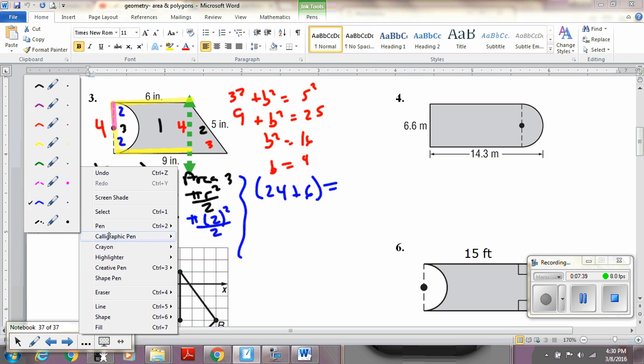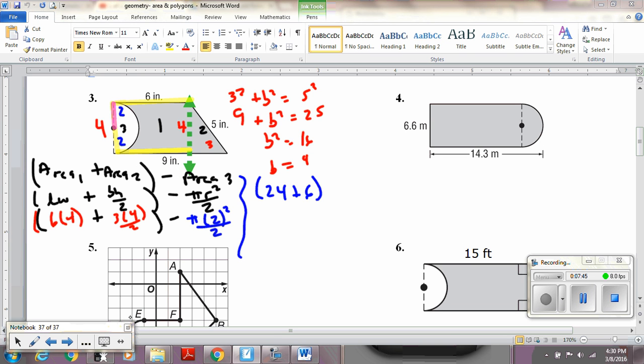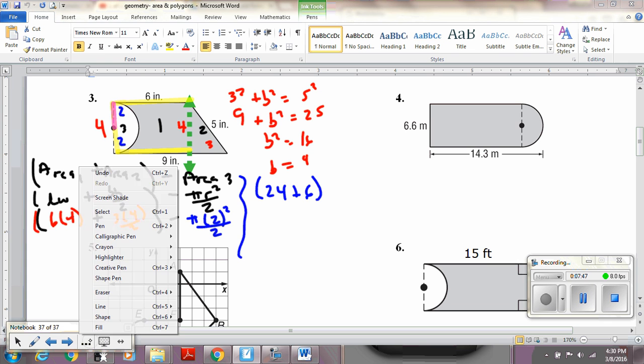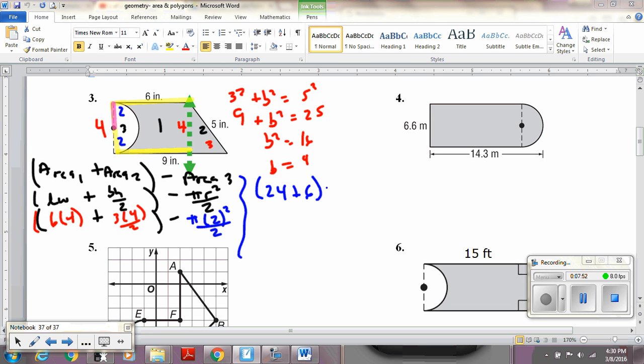I can square 2 in my head. 2 squared is 4. So it'd be pi times 4 over 2. I know that 24 plus 6 gives me 30. And I can cut 4 in half by 2, so it would be 30 minus 2 pi.